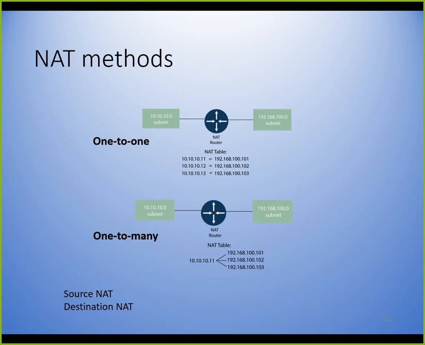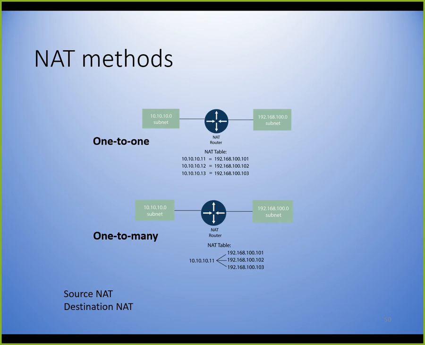The NAT methods: the one-to-one, one private address to one public address; one-to-many, which is going to be one public going to the many privates. I don't like the way they did this one because they're all private addresses, but that would be port address translation, so that we have the NAT table.